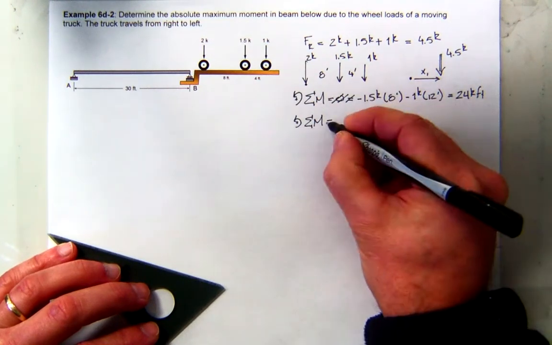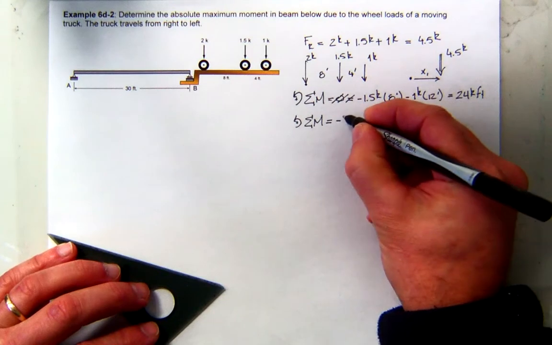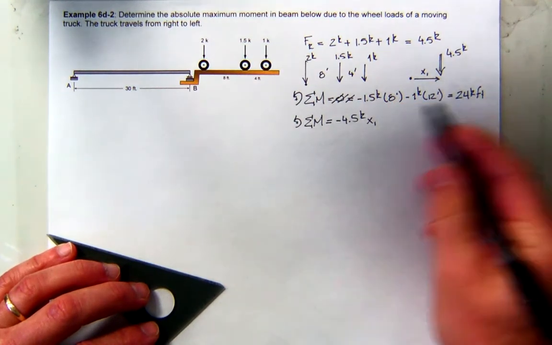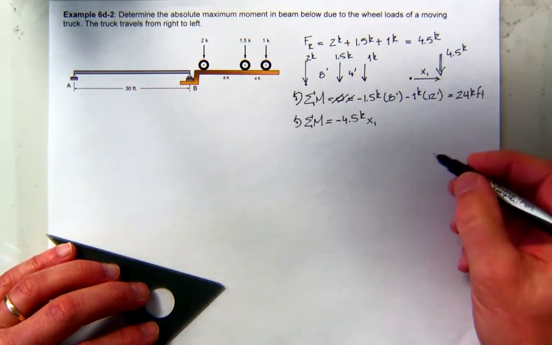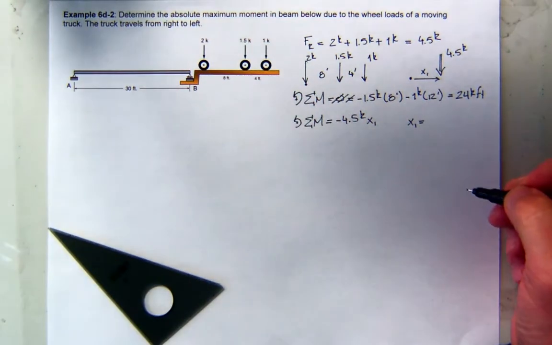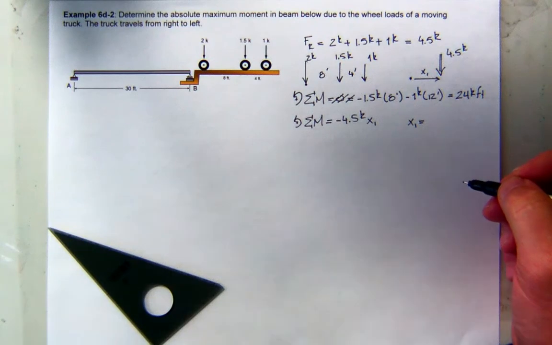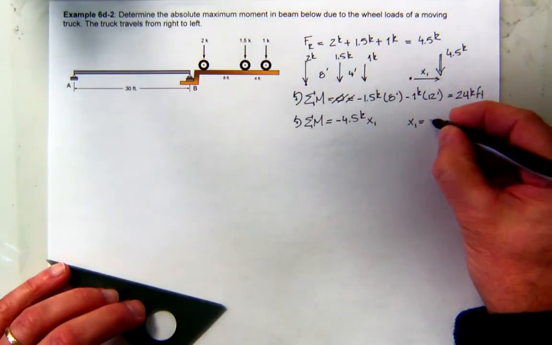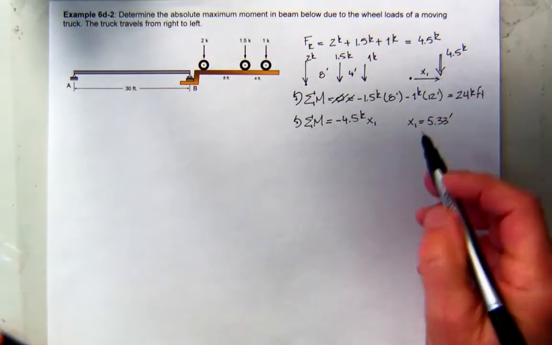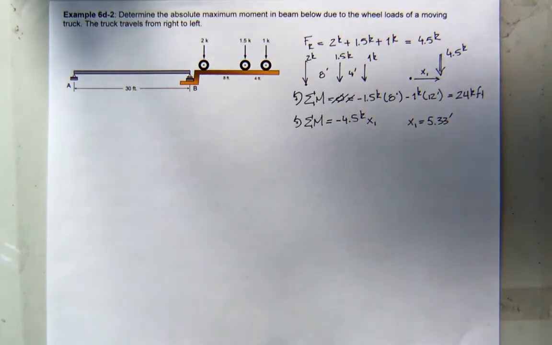I made a mistake. So I would have, again, negative 4.5 kips times x1. So these two things are equal. So therefore, x1 is going to be 24 divided by 4.5. What's that? 5.33? So now I know where the equivalent force is in that setup.